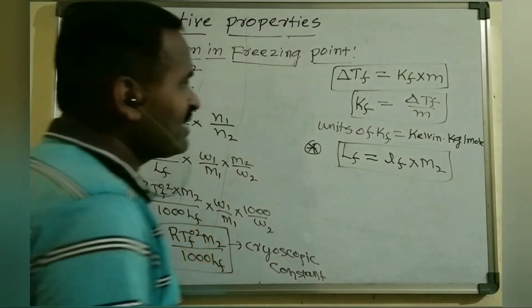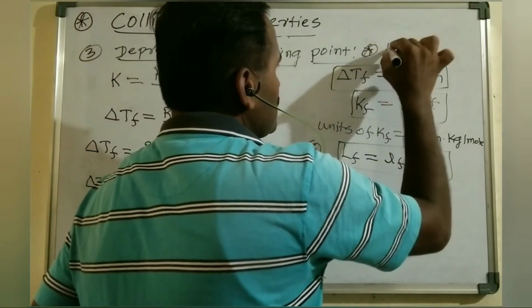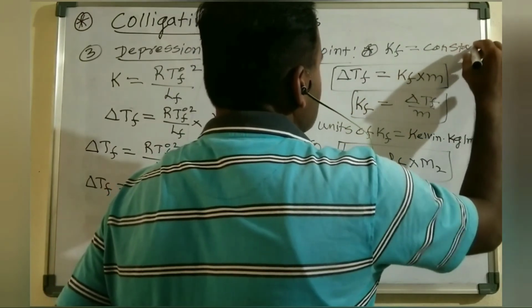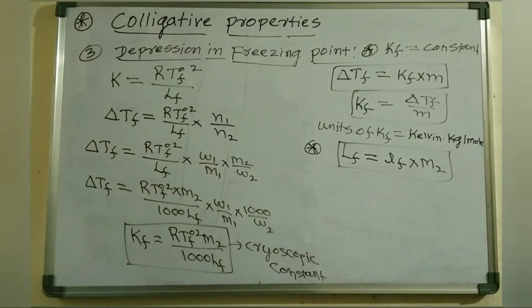That means KF for a given solvent is always a constant, because it depends only on the properties of the solvent.